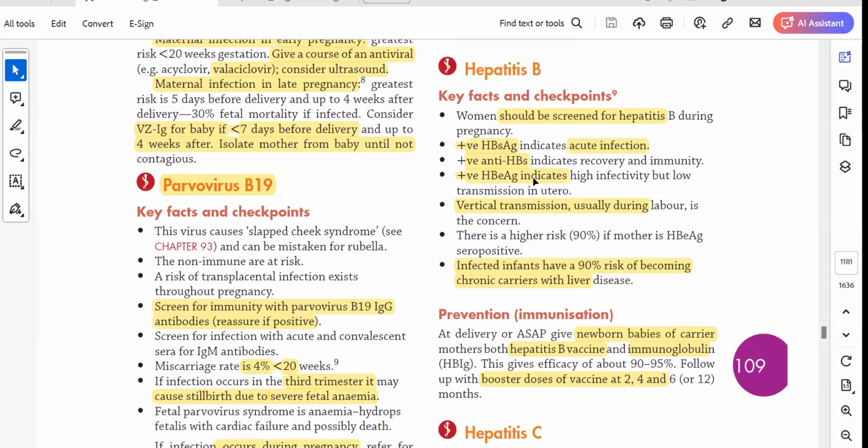So during normal vaginal delivery, sometimes if there is any mixing of blood between mother and baby, it can go into the baby.